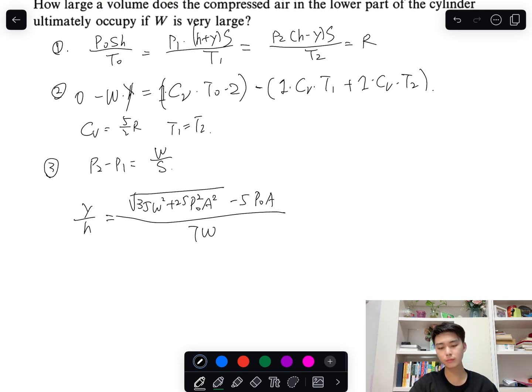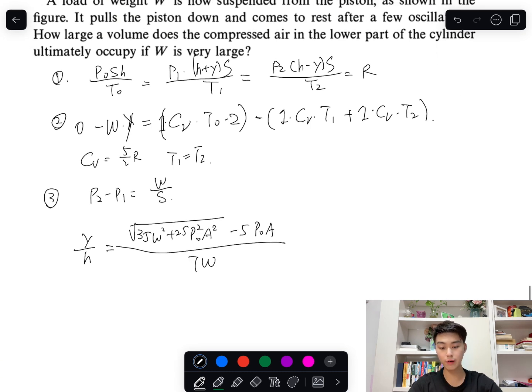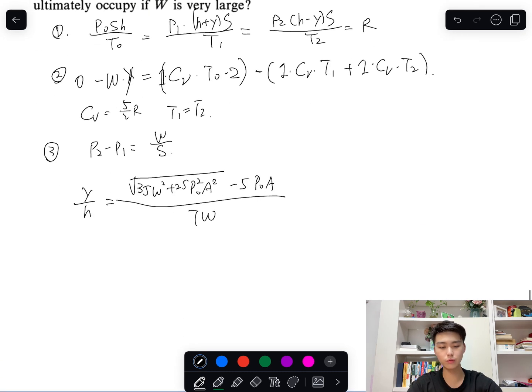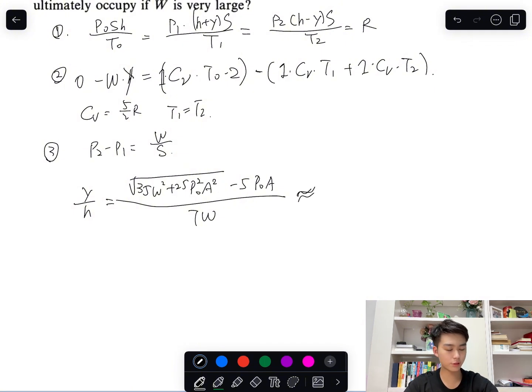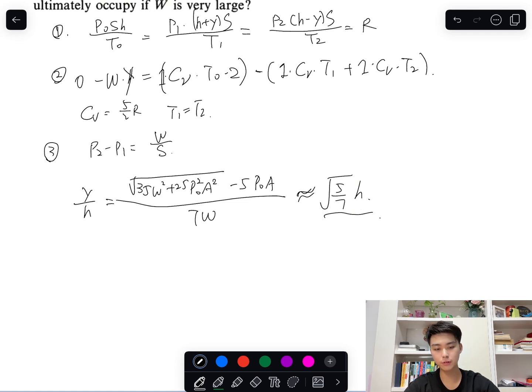When W is very large, it will be similar to this. So this is the final answer.